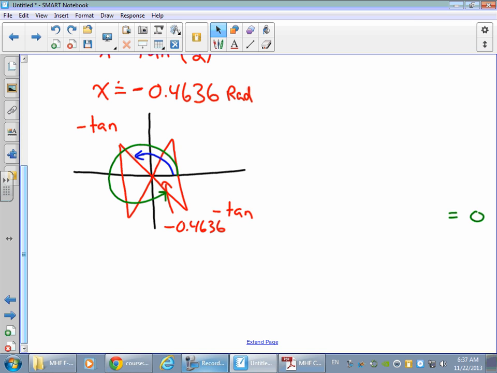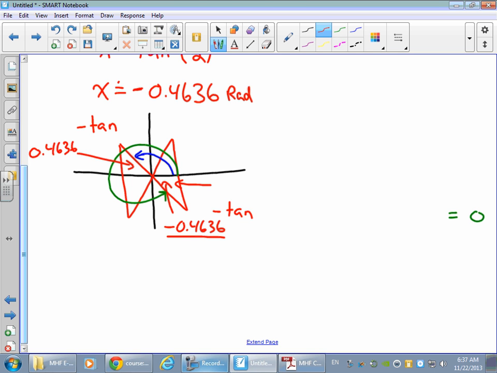And so we recognize that, or hopefully we recognize that, if this is negative 0.4636 up in here, that means I've got 0.4636 in here. And again, the size of this is actually 0.4636 as well.